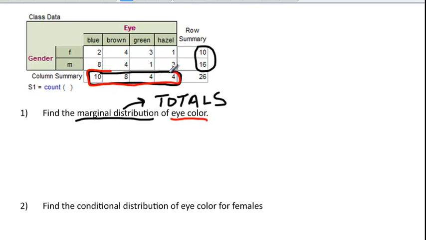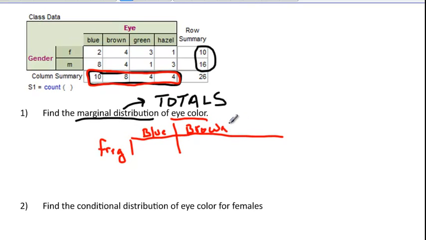So in effect, I'm almost done with this problem. I know I'm looking at the marginal distribution of eye color. Start with blue, brown, green, and hazel.